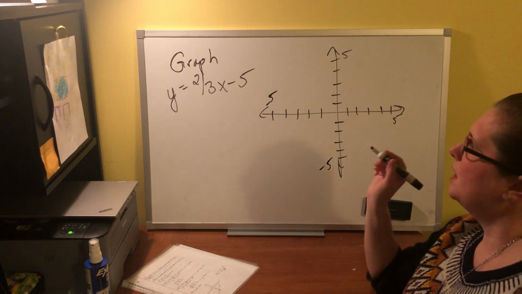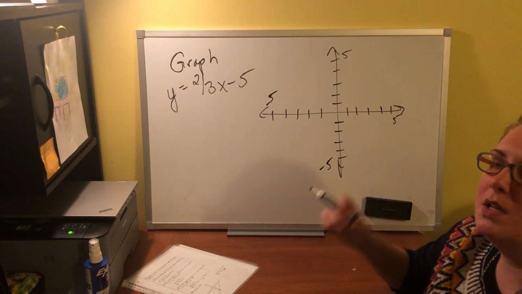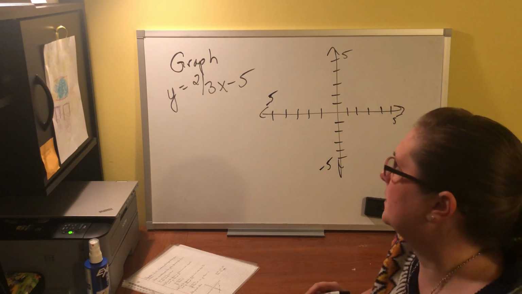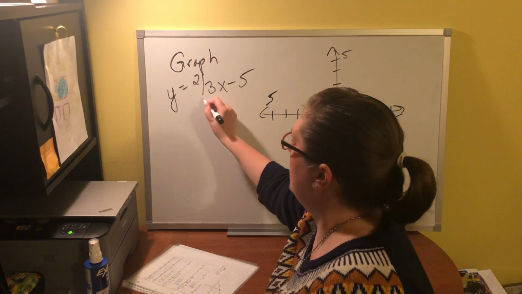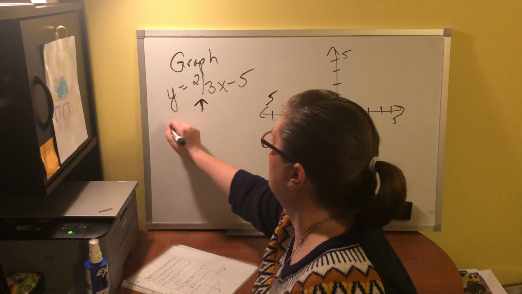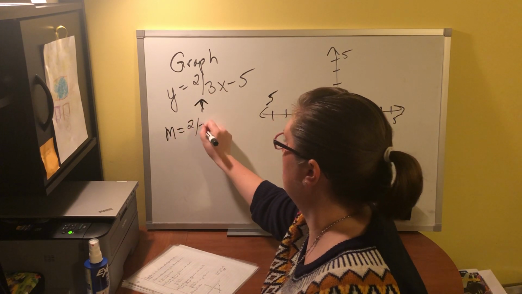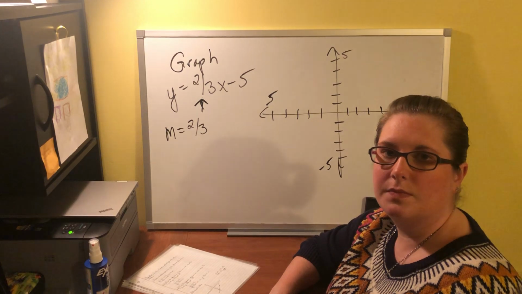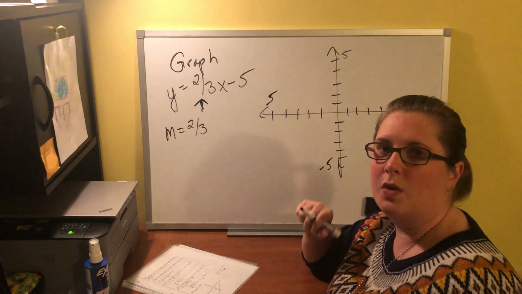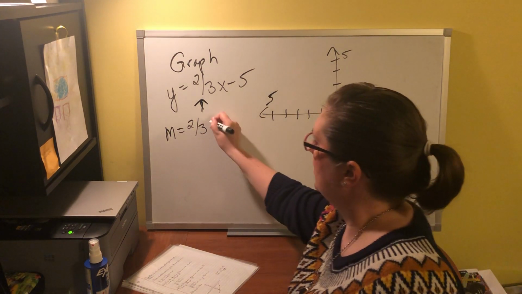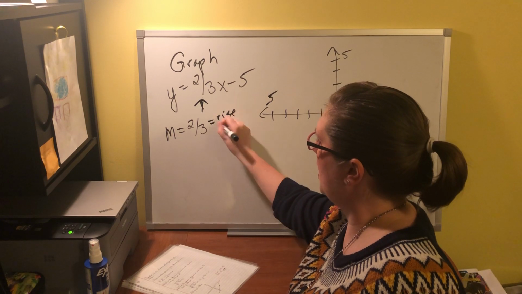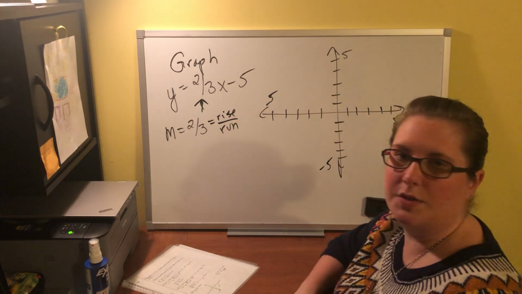So we need a graph. We already know some information, right? We know that slope is 2/3. They told us that right from the equation. Remember, this is the same as that rise over run that we just covered.